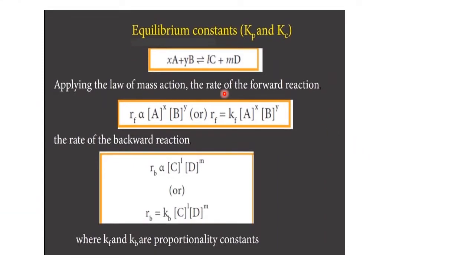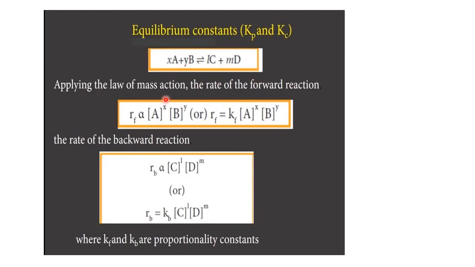The next topic is the equilibrium constants Kp and Kc. Two equilibrium constants we are going to learn. Consider the equation xA plus yB in equilibrium with lC plus mD. Applying the law of mass action, two reactions are possible, forward and backward. In the forward reaction, A and B are the reactants.